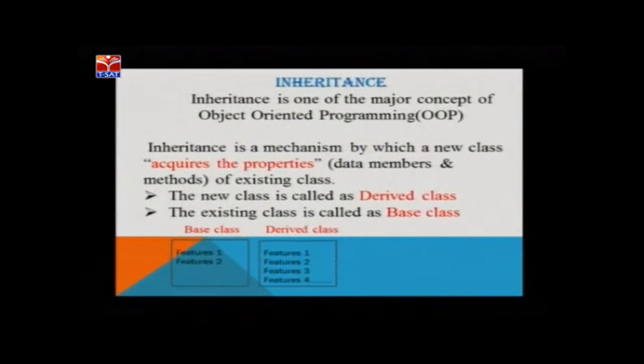In other words, inheritance is taking the properties from one class to another class. Here, a new class is nothing but the derived class, and the existing class is called the base class.